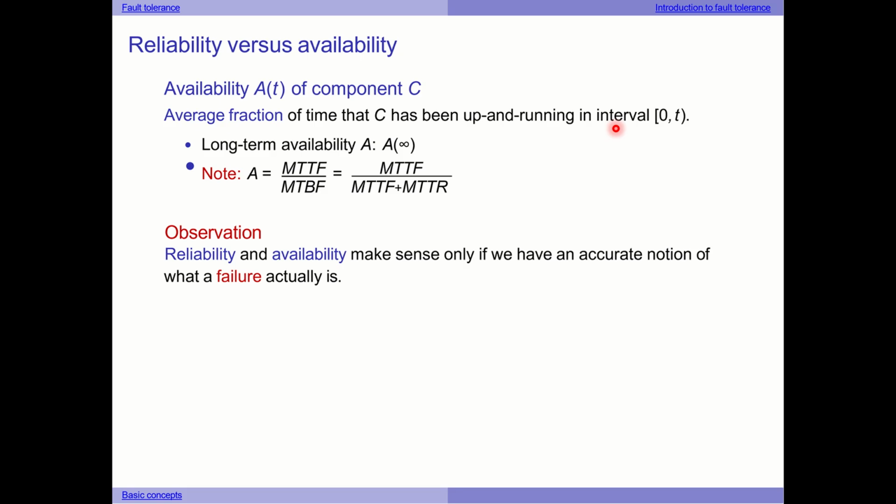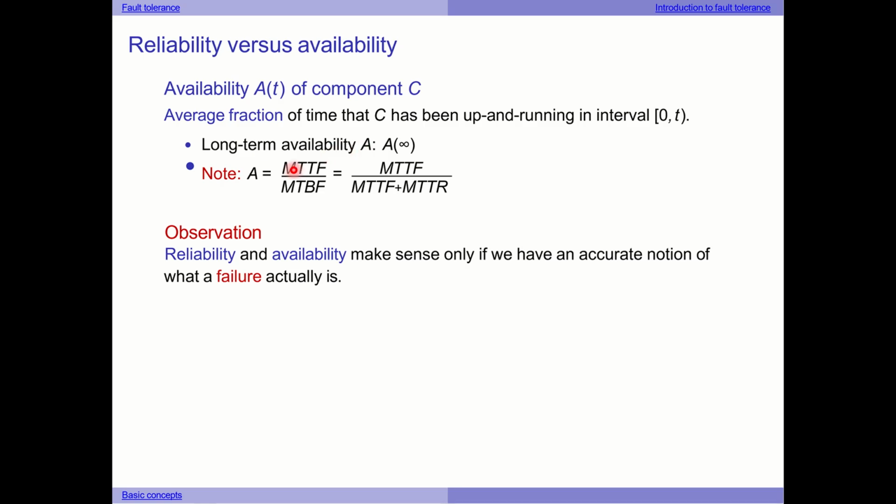If we talk about long-term availability, it can be seen as extending this interval, 0 to t, into infinity, and looking at the average time it is up and running.